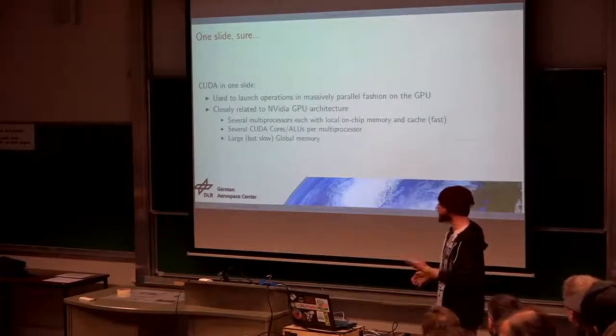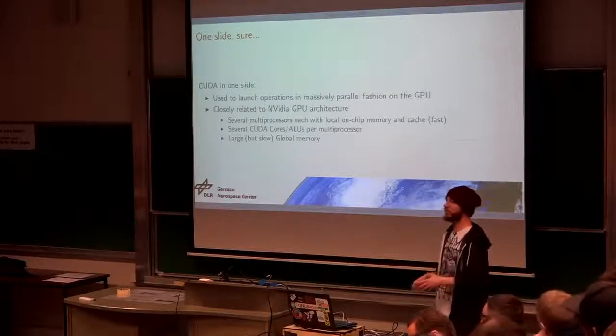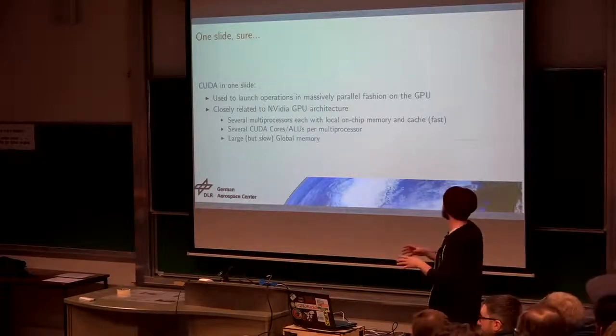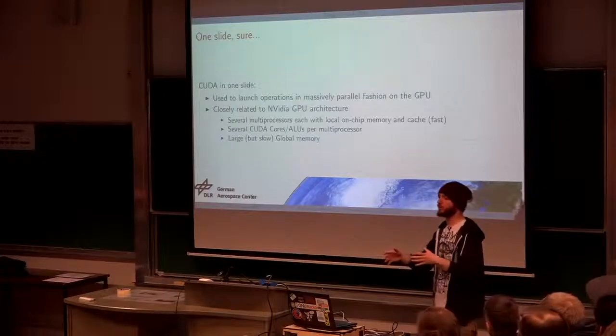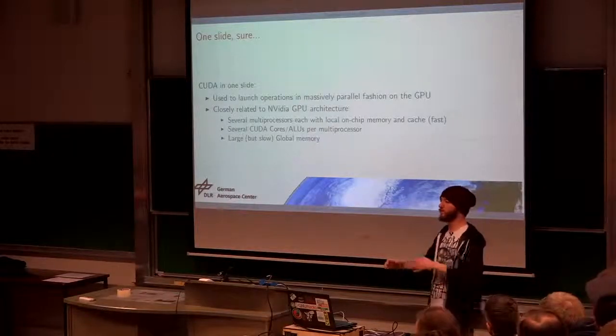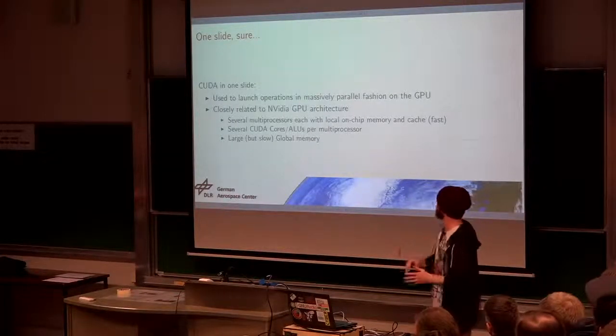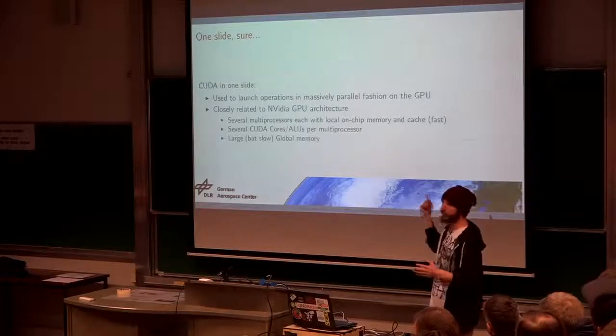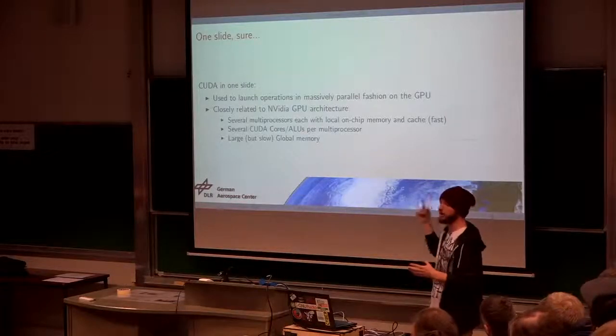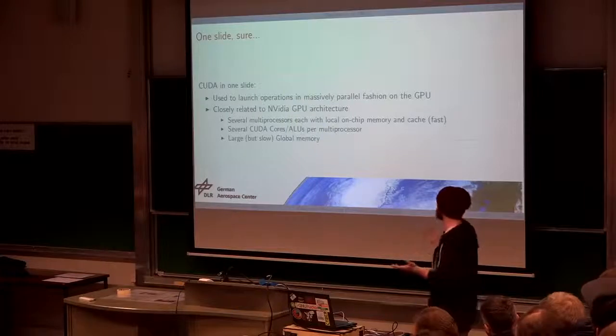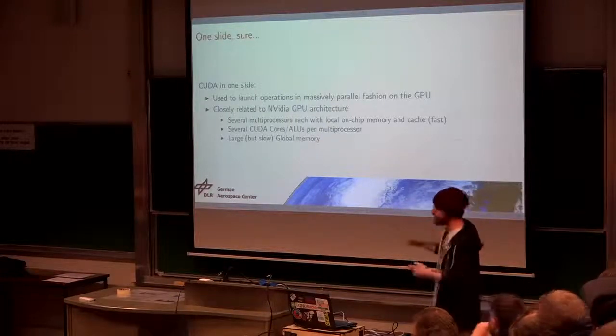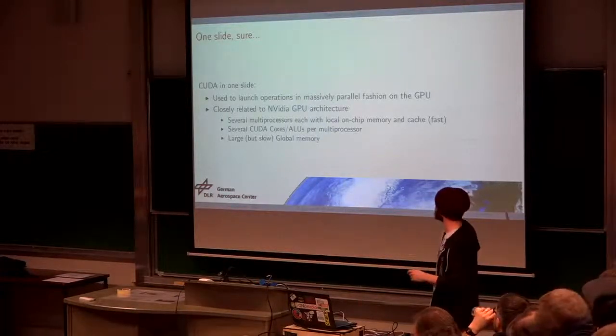If you have a GPU, you usually have some multiprocessors on the chip, which all come with their own cache and their own ALUs. They have this on-chip memory and cache, which is super fast, like your normal CPU would have, and this is pretty vital, as we see later.